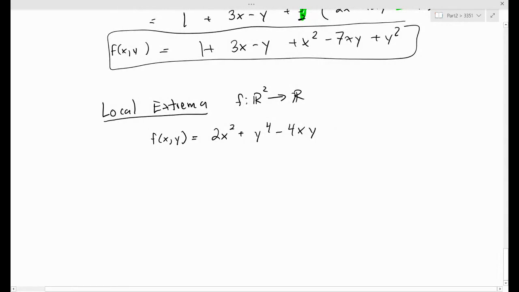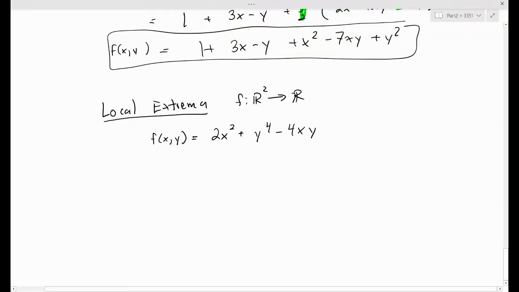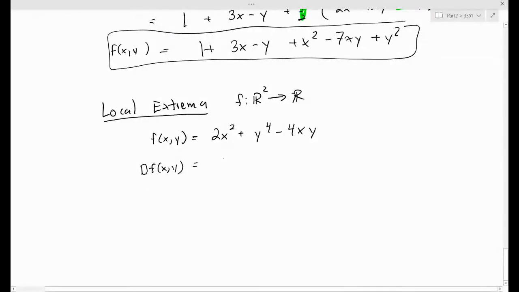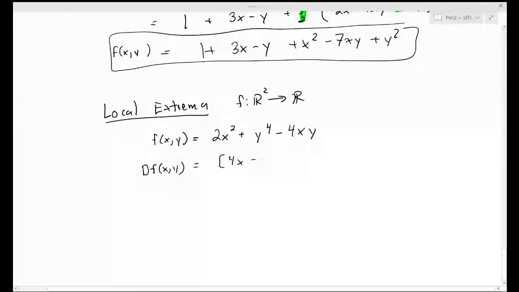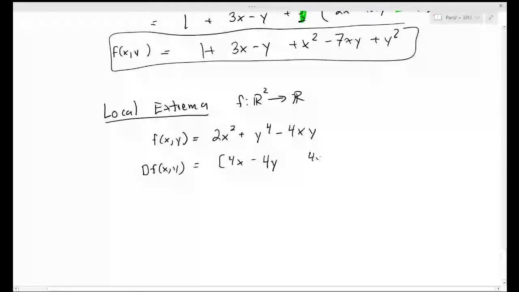Okay, so let's find critical points. So we know that if we have a critical point, the derivative has to be 0. So we compute the derivative: partial f with respect to x and then partial of f with respect to y, and that has to be 0.